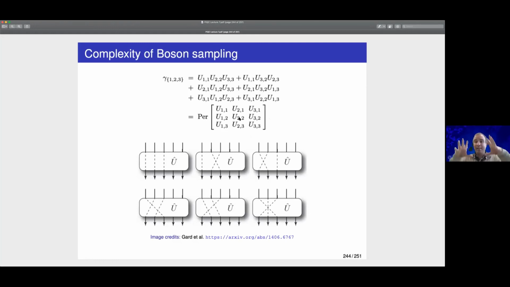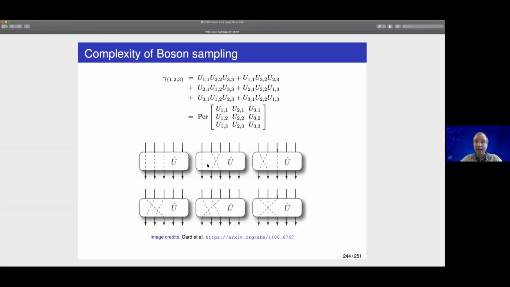Of course, the operation of the linear optic devices that you have can be described by a unitary matrix, and then in order to see the different possibilities that you can obtain for the detectors depending on the photons that you input at the beginning, you need to compute the different paths that the photon can follow.